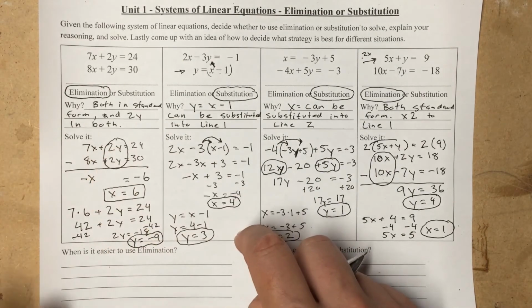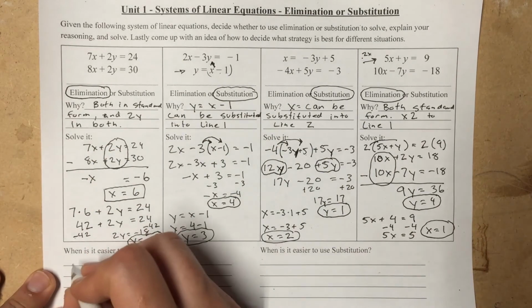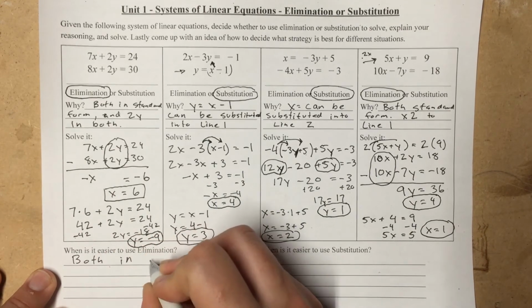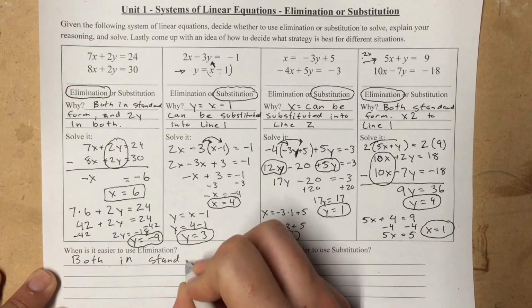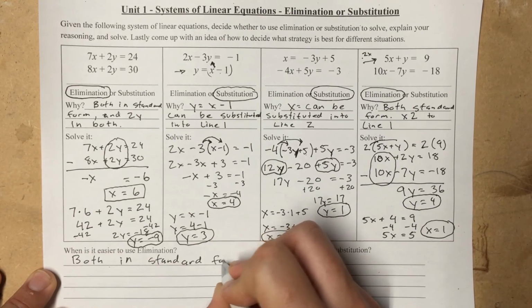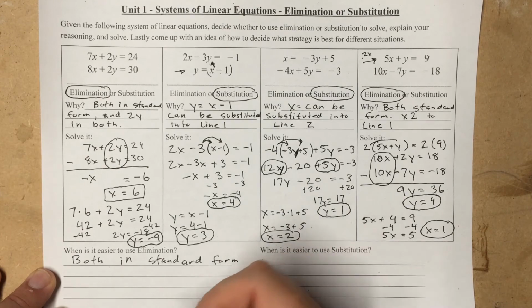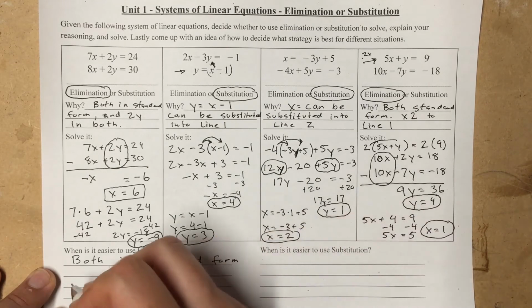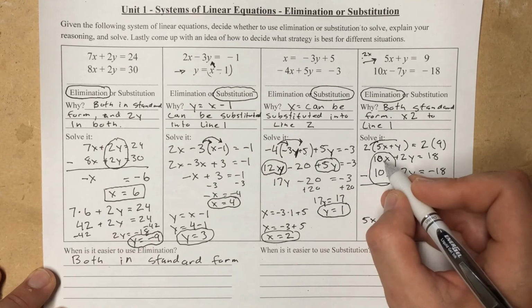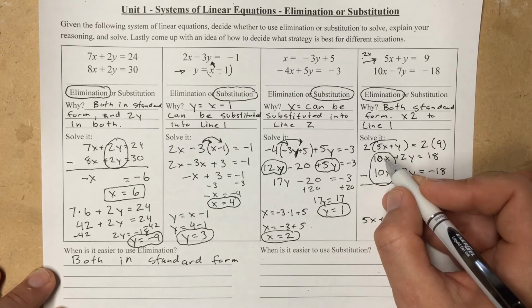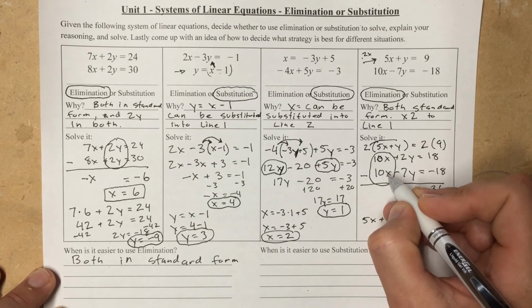So when is it easier to use elimination? I'm going to say both in standard form, and it's easy to eliminate a variable by finding something in common. So like in this case, we were able to make 10x in both equations.